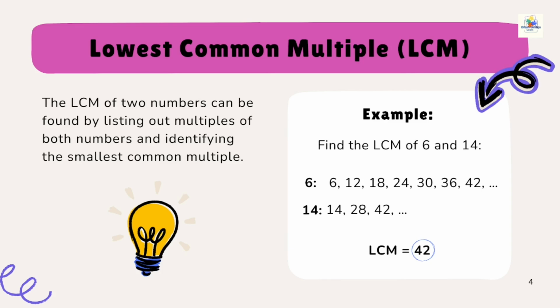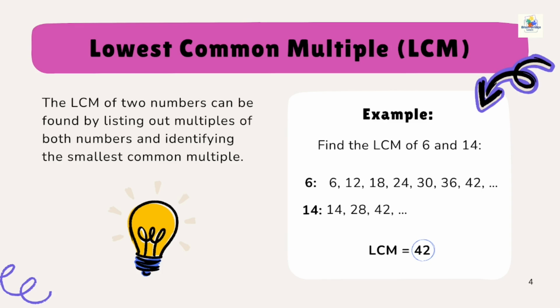So the LCM of two particular numbers can be found by listing multiples of both the numbers. For example, we are finding the LCM of 6 and 14. So first we will list out the multiples of 6 and 14.